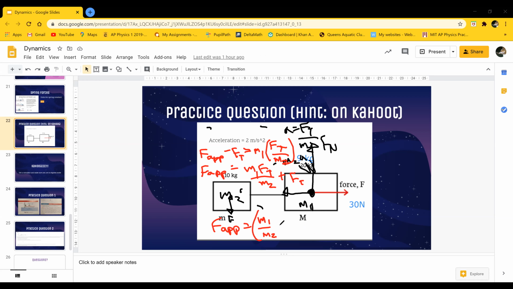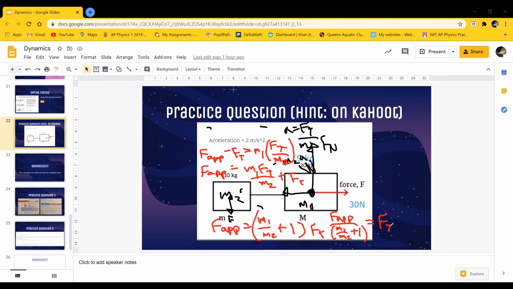You would have to add plus 1, times Ft. And then you divide both sides by m1 over m2 plus 1, in parentheses, and then you have all your values and you can solve for Ft. Your final equation would be F applied over m1 over m2 plus 1, and that equals your Ft.